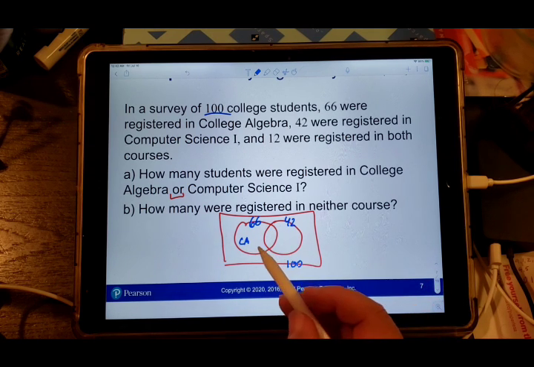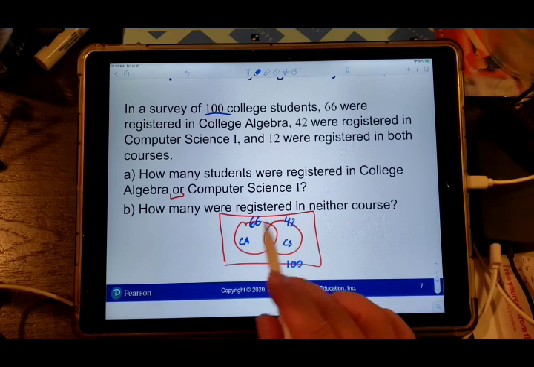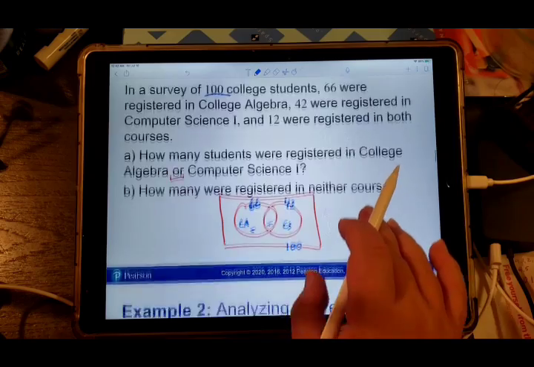But what we're really interested in doing is finding the values inside these regions, these regions shaped from the circles. So 66, that spans 2 regions. It's the number of students who took college algebra without taking CS1, and there's college algebra alone, plus the numbers who took both courses.